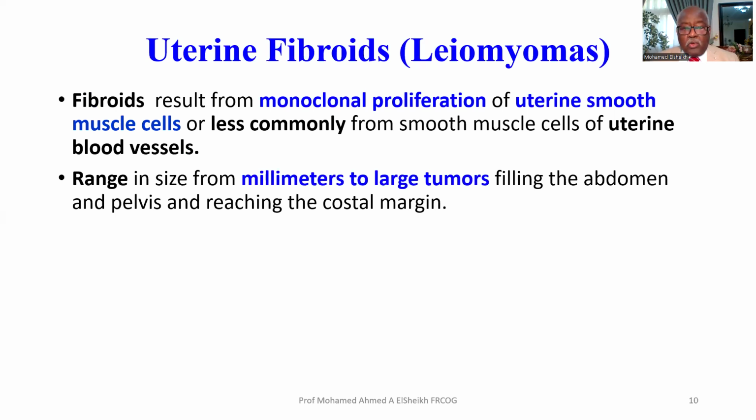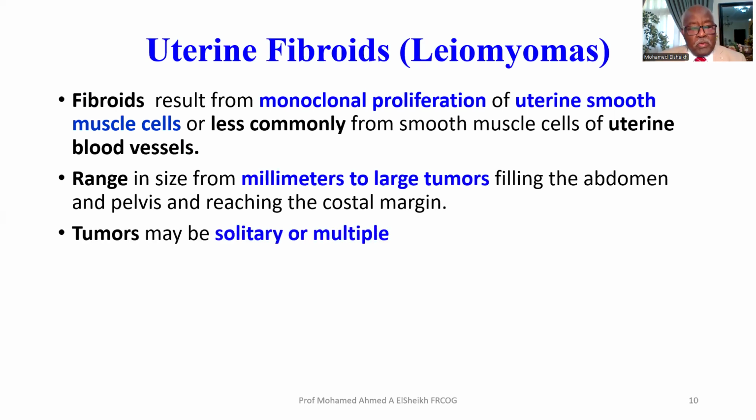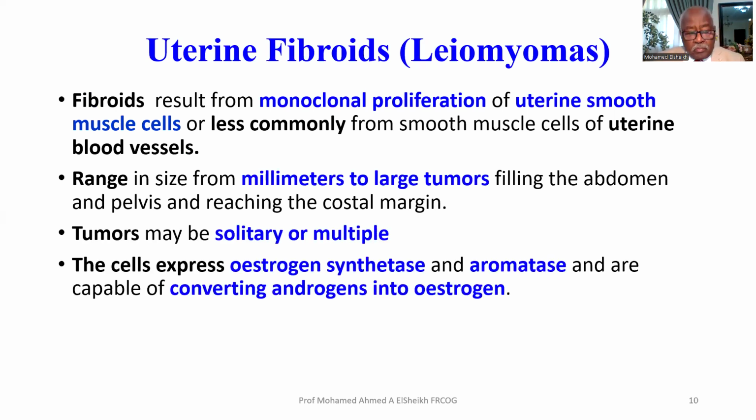The size could range from a few millimeters to large tumors, filling the abdomen and pelvis and reaching the costal margin. So it's also important. The fibroid could be small or could be large. When we come to the management, the size has an impact on the management. Tumors may be solitary or multiple.